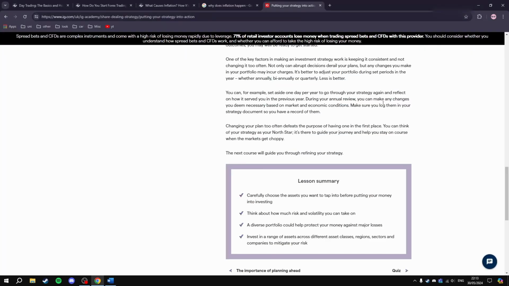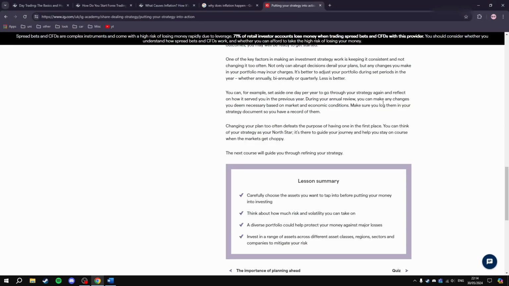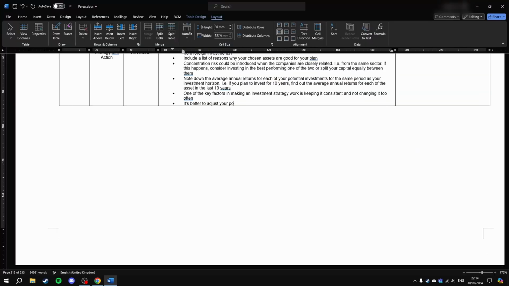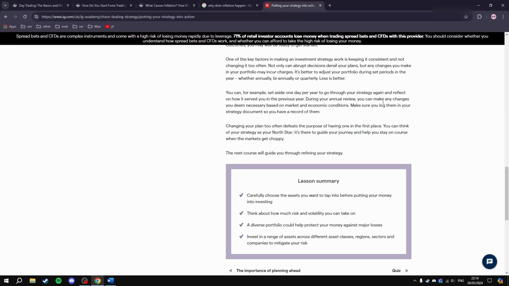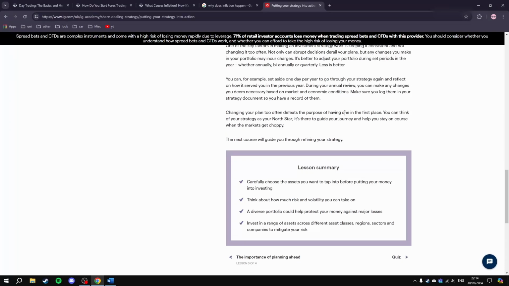Not only can abrupt decisions derail plans, but any changes you make in your portfolio may incur charges. It's better to adjust your portfolio during set periods in the year.